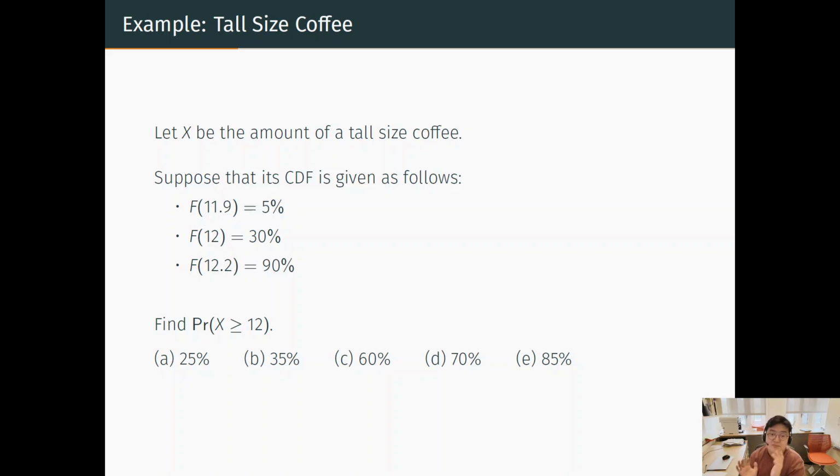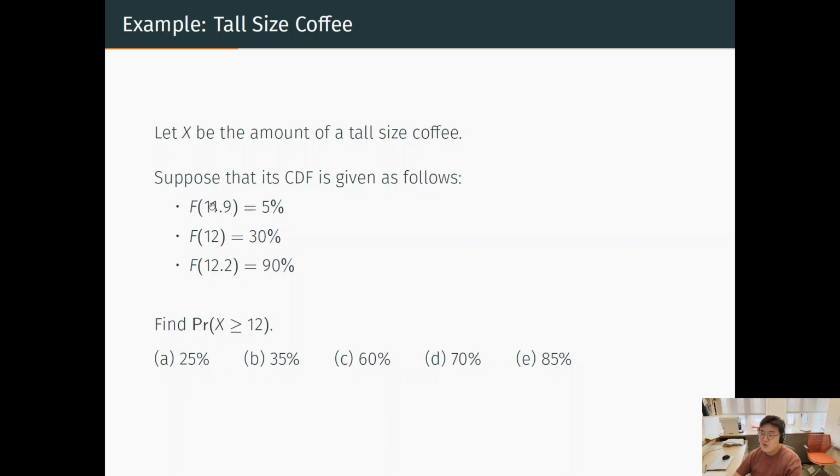probability. As an example, I will consider a random variable X, which is the amount of total size coffee. If you order a coffee, then how much it actually contains is X. And for simplicity, I'll assume that you know the CDF at 3 points.